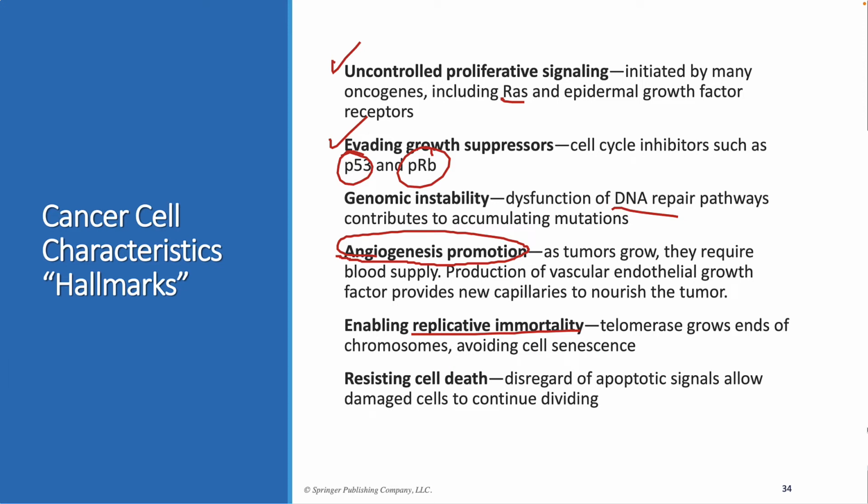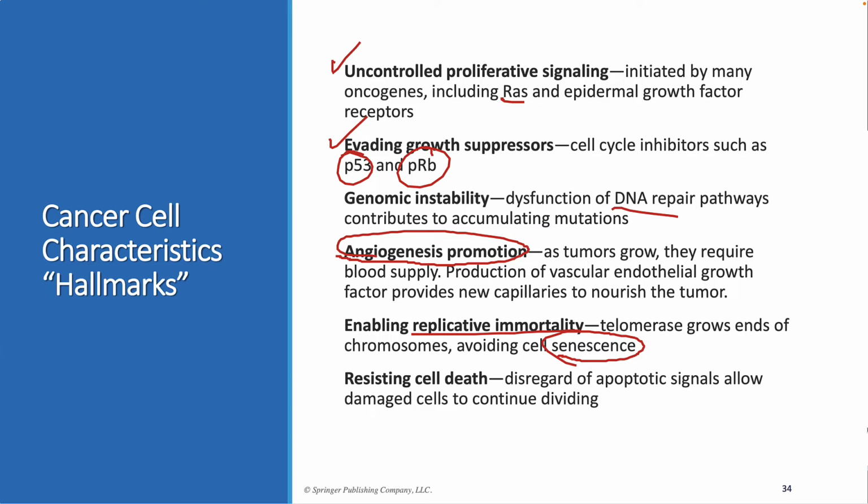The telomerase on the end of the chromosomes avoids cell senescence. And we really haven't used that word before, but senescence is kind of the knowledge of its mortality, right? And knowing that that cell has a life cycle. When we have cancer cells, they are rogue and they don't know that they are supposed to die.